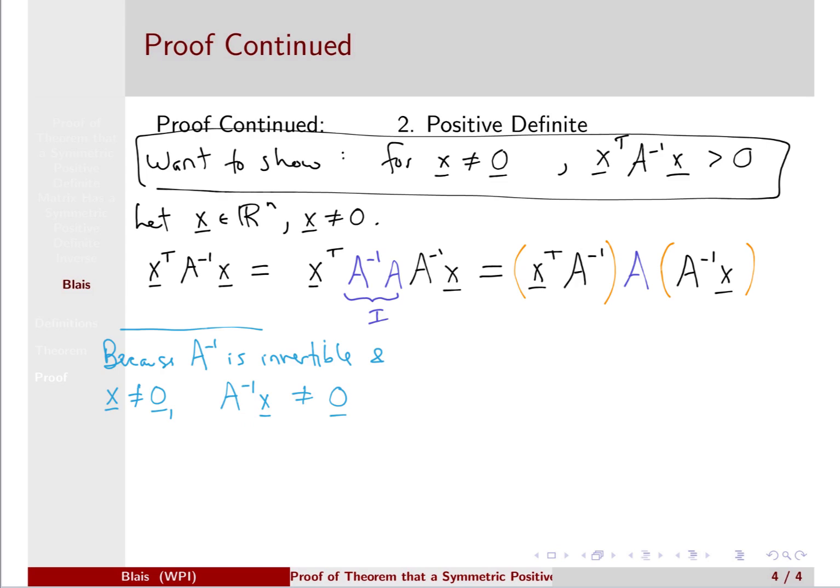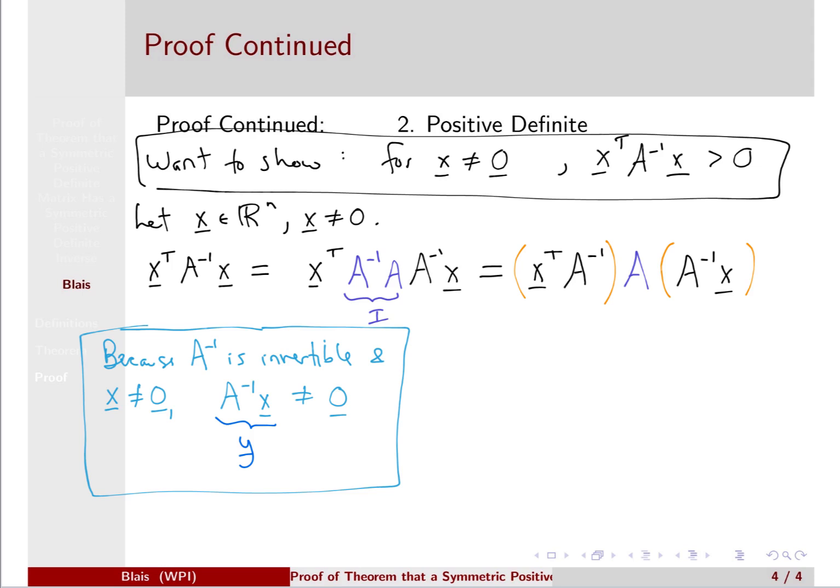And let's give this a new name. Let's call this vector y. So we know that this vector y is non-zero by invertibility of A inverse. And this is coming from a classical theorem that you usually see in a first course in linear algebra, where you look at all the different equivalent conditions for a matrix to be invertible.